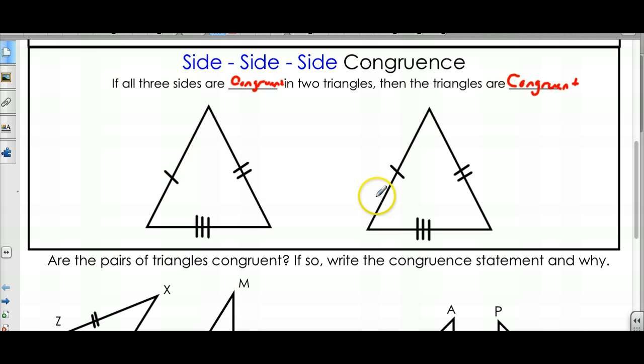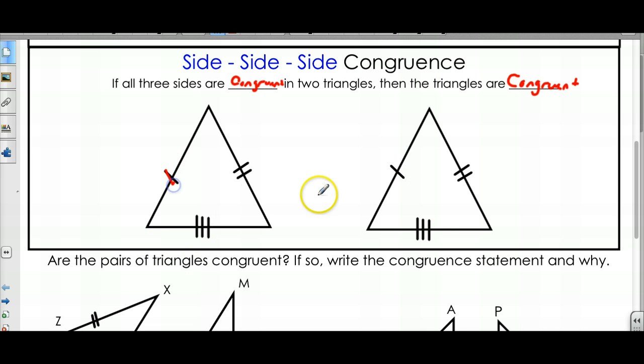It's a fact, okay? And if you really want to take the time, try to make 2 different triangles with 3 sides that are the same length with different angle measurements. And it's impossible. If 2 triangles have 3 congruent sides, then they're congruent.